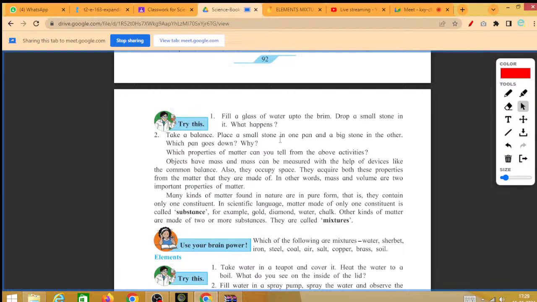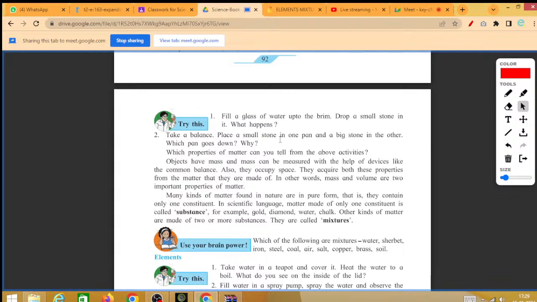Which pan goes down? Why? Tell me. Which will go down? The big stone. Okay. Why? Because the stone is heavy. Very nice. It is heavier than the small stone.